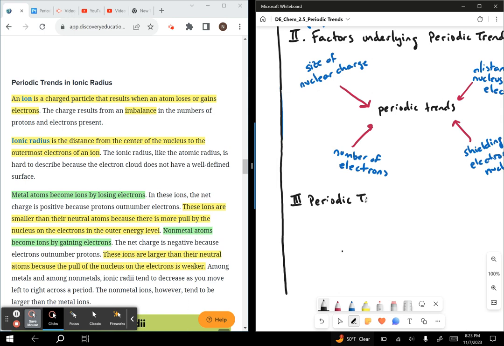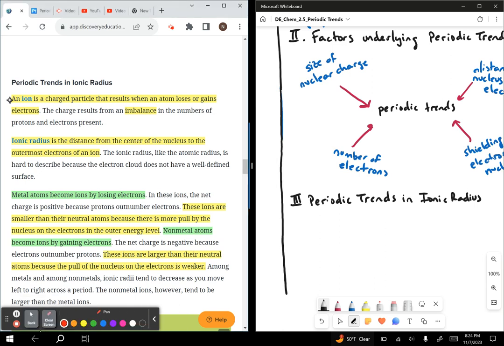So, periodic trends in ionic radius. An ion is a charged particle that results when an atom loses or gains electrons. The charge results from an imbalance in the number of protons and electrons. We understand that.